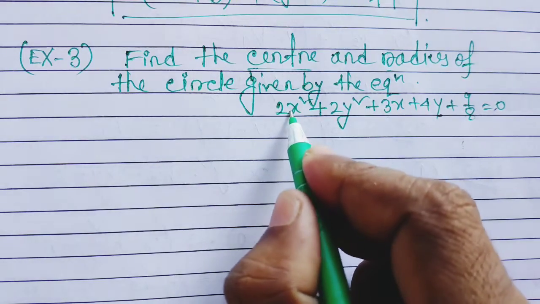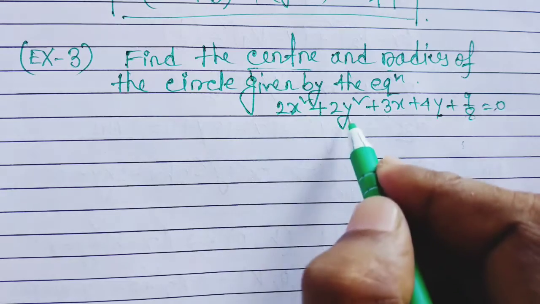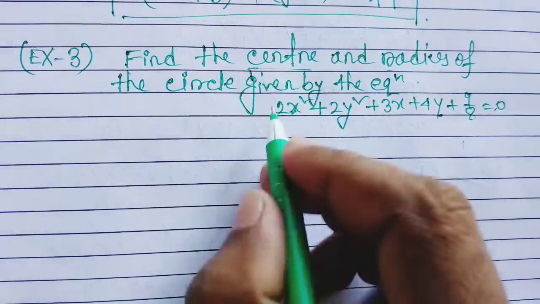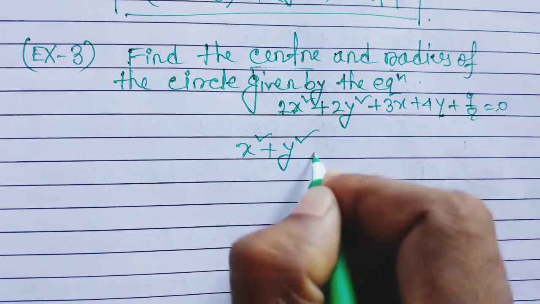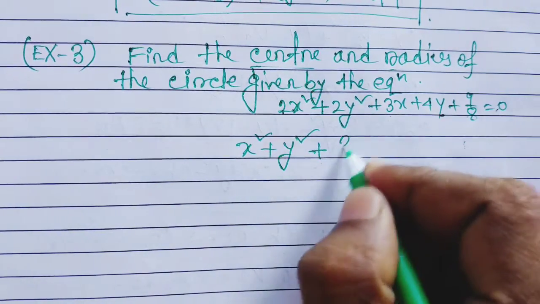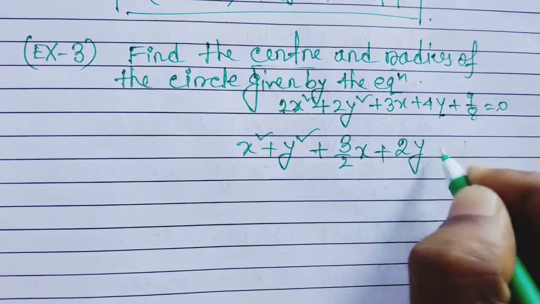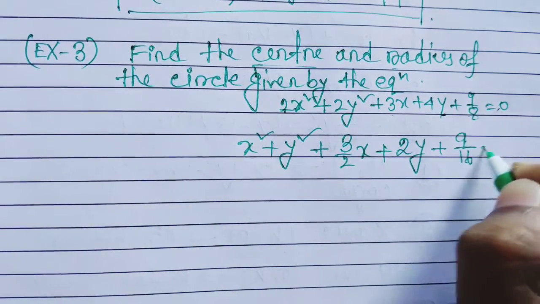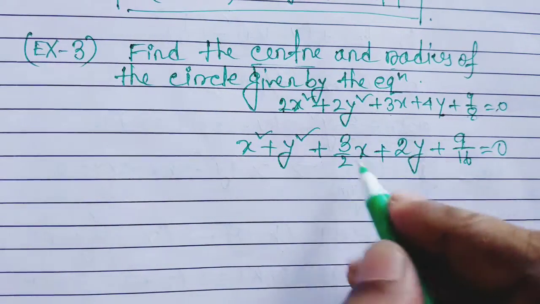Always try to make the coefficient of x square and y square 1. Here it is 2, so divide the equation by 2: x square plus y square plus 3/2 x plus 2y plus 9/16 equal to 0.